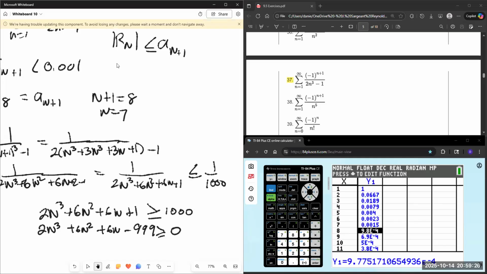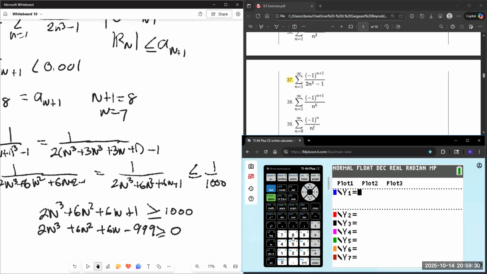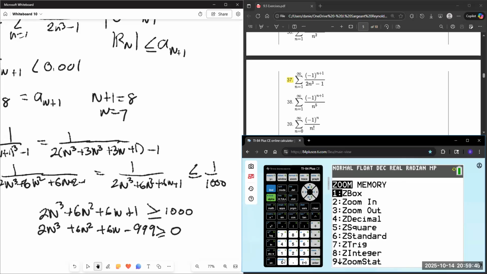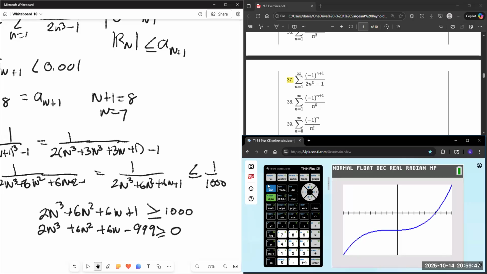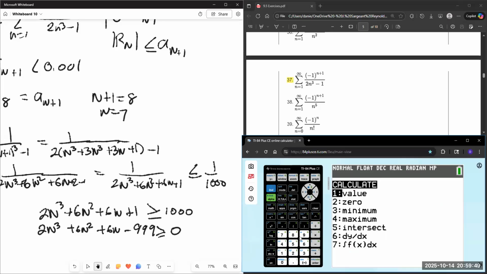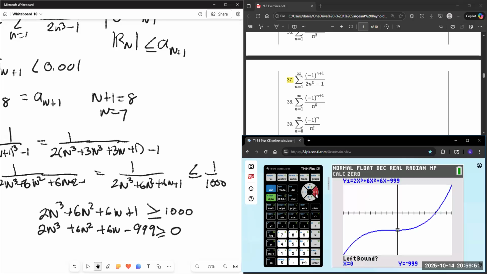And I graphed this with my calculator. So this is going to be 2x cubed plus 6x squared plus 6x minus 999, zoom 0, and second calc 0 of this function here.